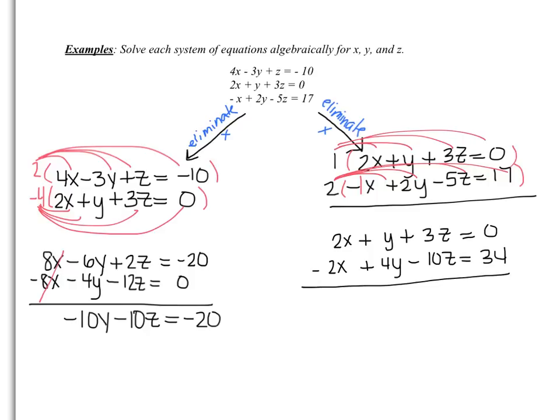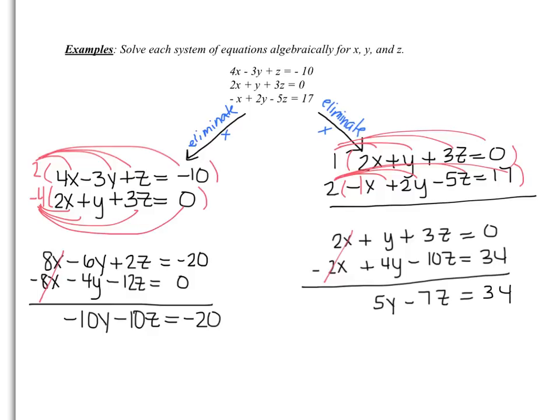Okay, now we're going to eliminate. So we're going to add these two equations. So what is 2 plus negative 2? Cancel. What is 1y plus 4y? You should say 5y. 3z plus negative 10z, you should be saying is negative 7z equals 0 plus 34 is simply 34.